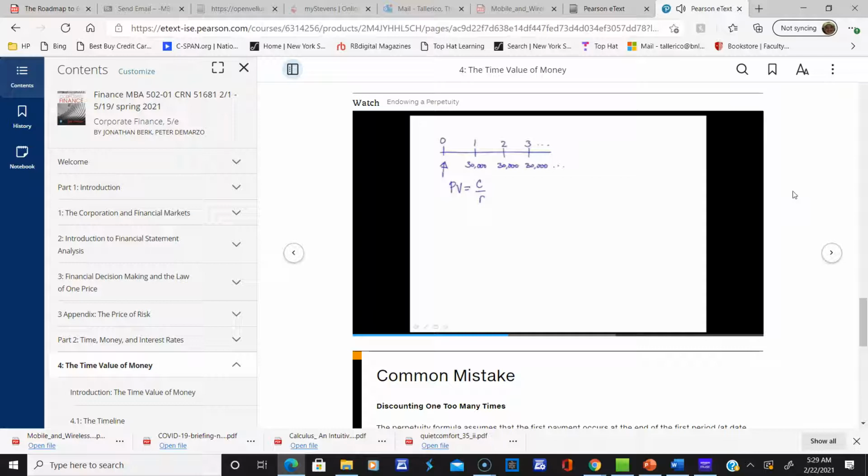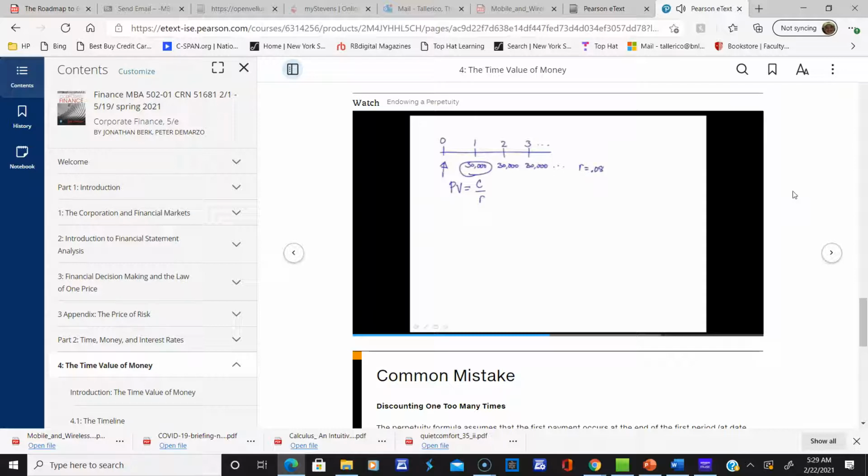In this case, we know the cash flow is $30,000 a year. We also know R, because the problem states that the interest rate is 8% on its investments.